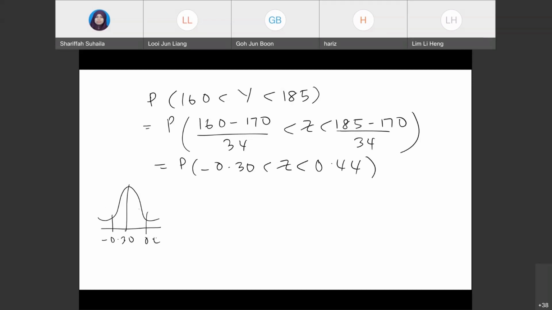So you have 1 minus the value from your stats table. So we have 0.44, 0.3, 0.23821, 0.44, 0.33.